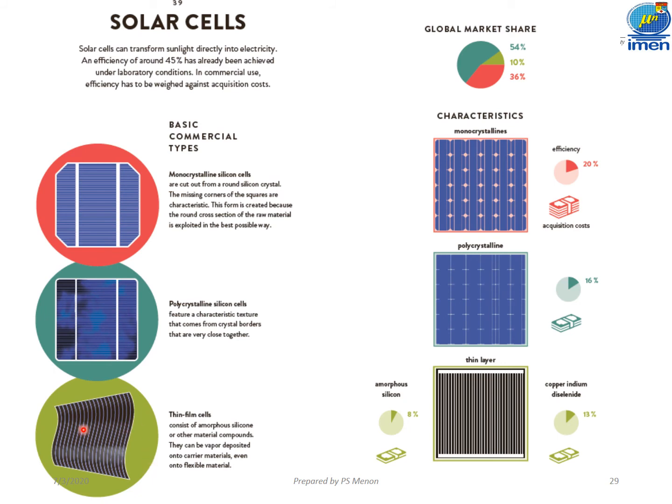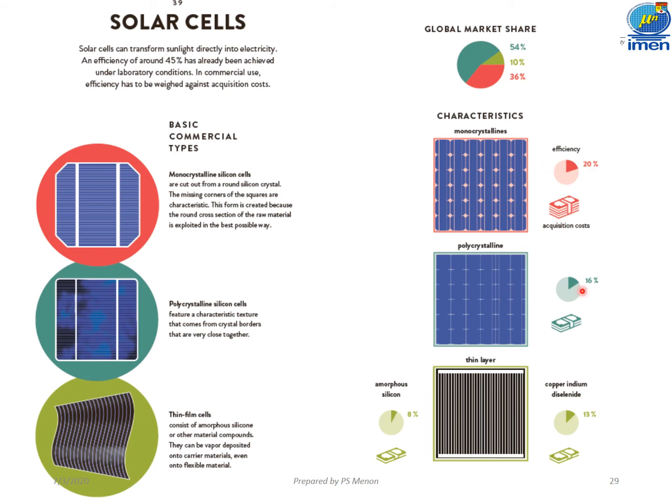Thin film cells consist of amorphous silicon and other material compounds. They can be vapor deposited onto carrier materials, even onto flexible, bendable ones, like plastic. In terms of efficiency, monocrystalline solar cells are about 20%, and this is the acquisition cost. It's a bit expensive.